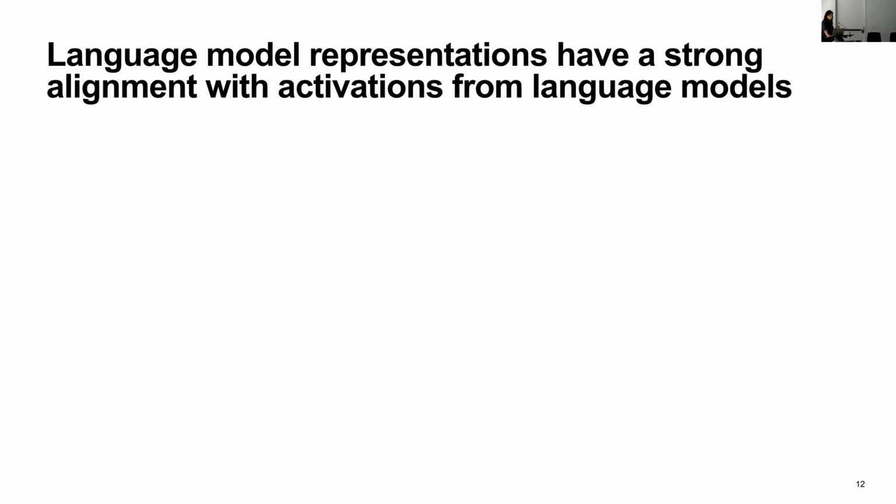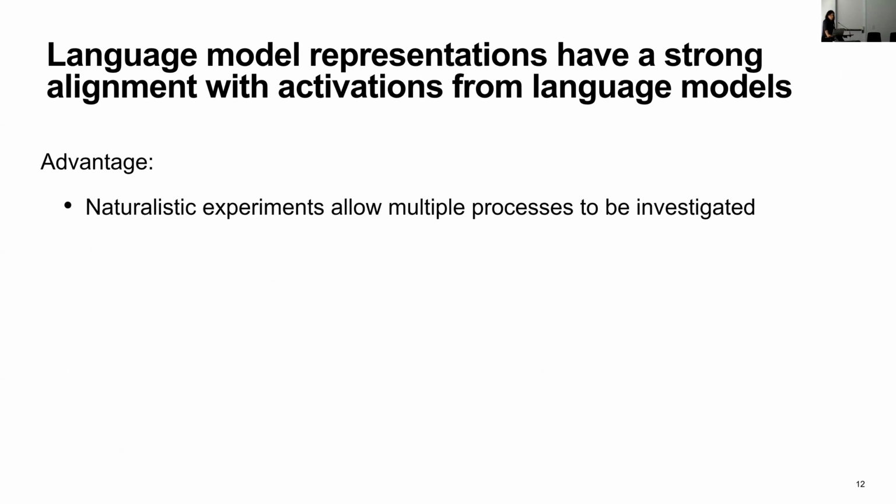All of these studies together have obviously focused on different aspects of language processing, but they've all shown a very strong alignment between activations in a neural network language model and brain activity. And so this really makes this approach a very powerful one for studying language in the brain.